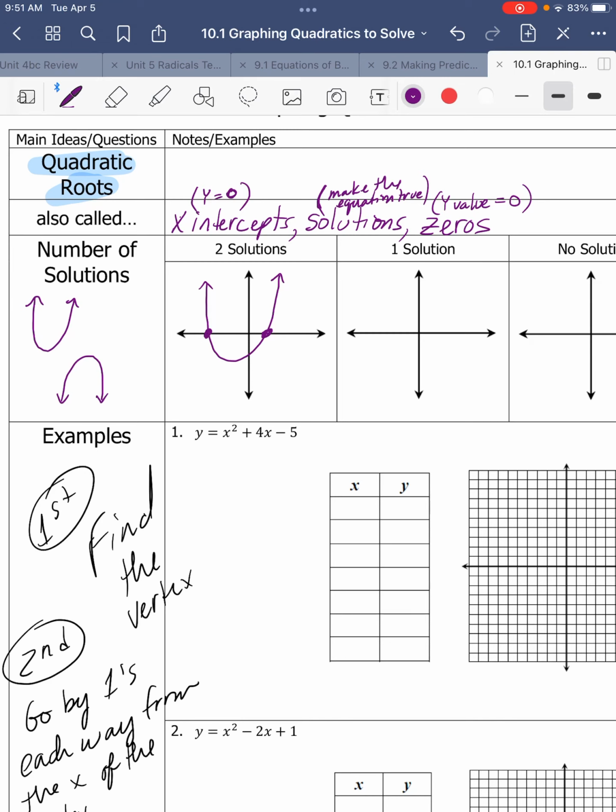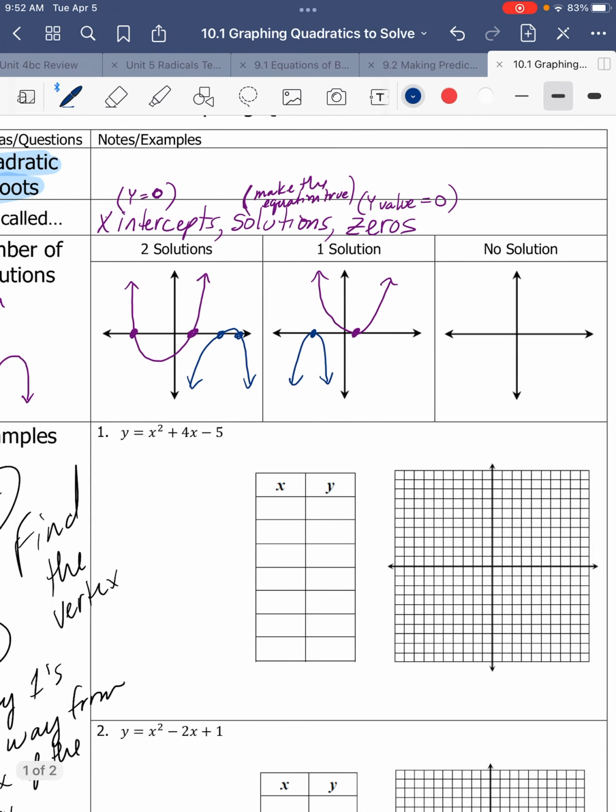You could do something like this, where it only hits just the one time, and we call that point the vertex, which is the minimum or maximum point.